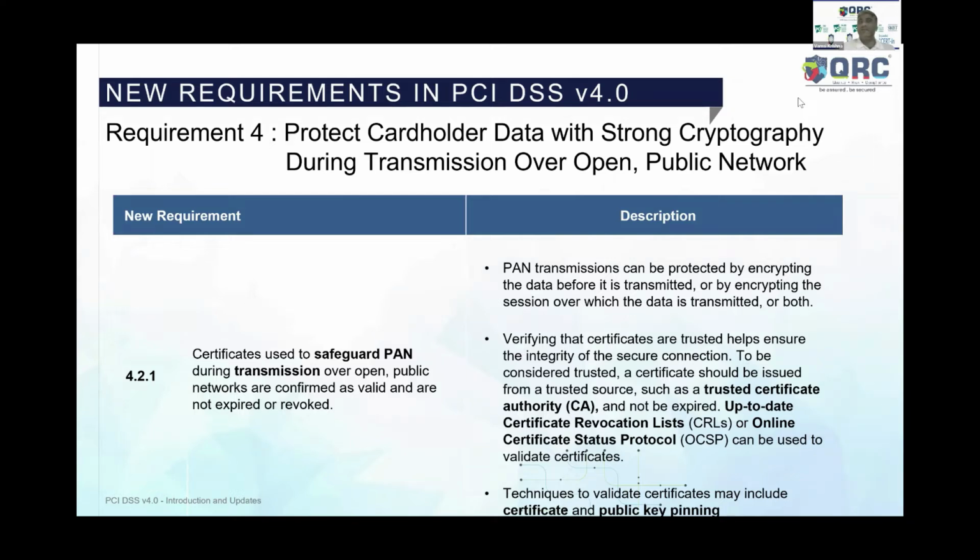be encrypted, but not by using any kind of certificates or anything. This is one of the earlier statements, but now the current 4.0 talks about how safely the PAN is transmitted if you are using open and public networks, and they have given some specific information like checking whether the certificates are issued by a trusted source or not, and whether they are an up-to-date certificate revocation list or not.